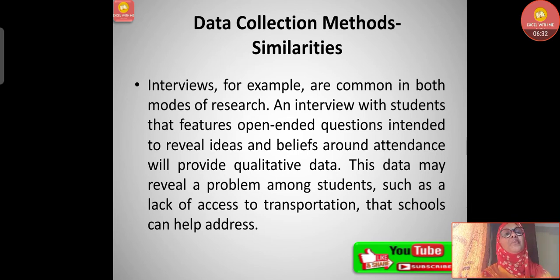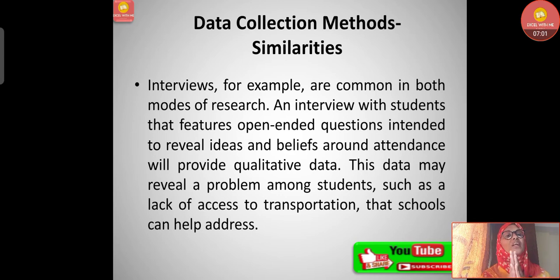Let's understand the similarities in data collection methods between qualitative and quantitative research. Interviews, for example, are common in both modes of research. An interview with students that features open-ended questions intended to reveal ideas and beliefs around attendance will provide qualitative data here. This data may reveal a problem among students, such as a lack of access to transportation that schools can help address.